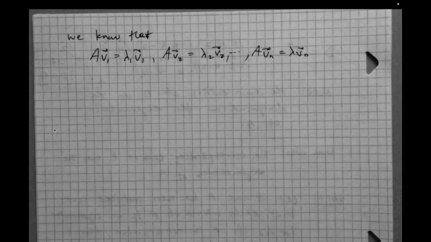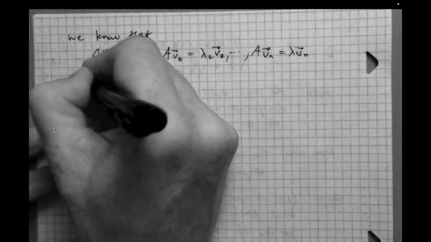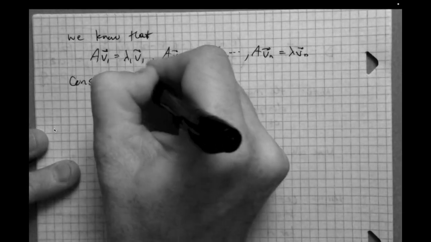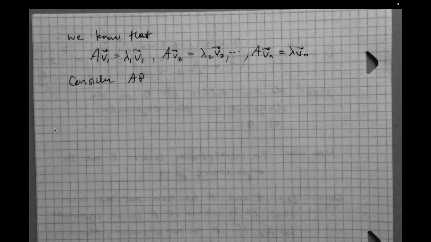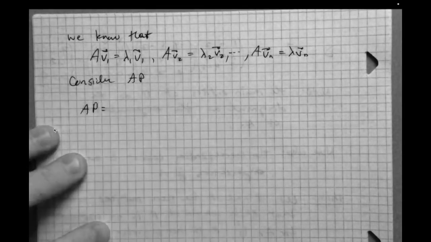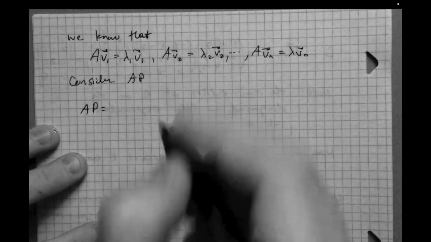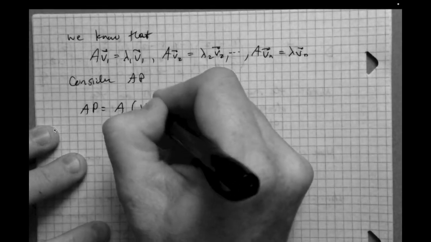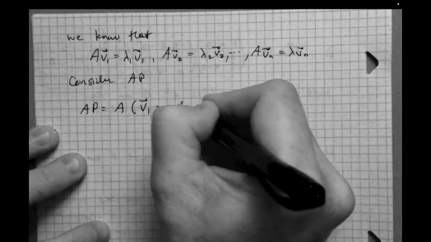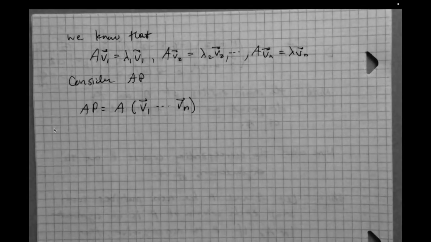So let's consider the product AP. The matrix A times this matrix P, which is comprised of columns of eigenvectors. So AP is equal to A times V1 ... Vn, where these are columns in a matrix.